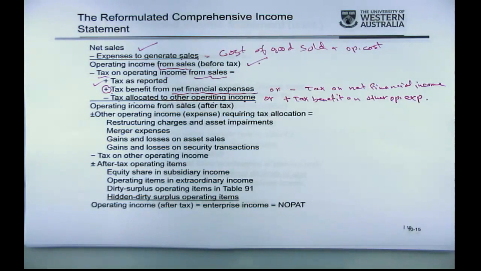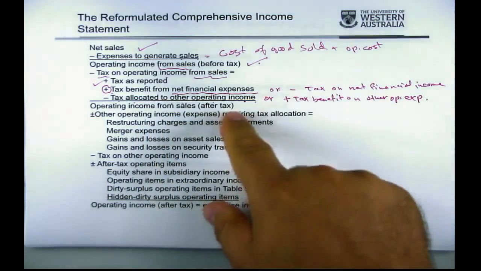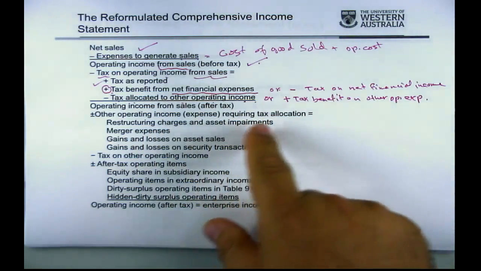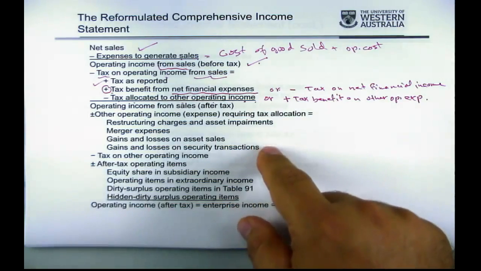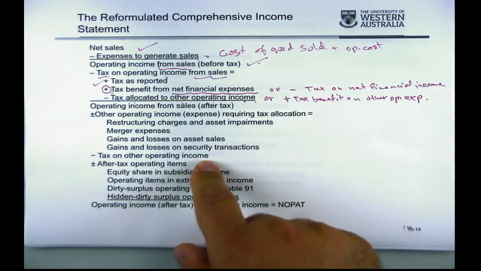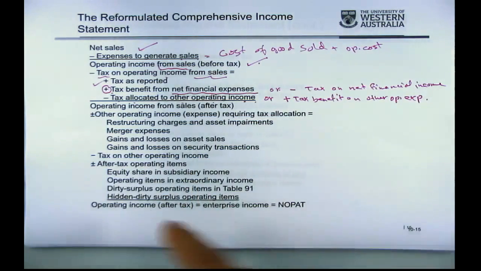Make sense? Once we have done that, we get the operating income from sales after tax. Then we calculate other operating income or expense. We calculate the sum and also we put the tax on this sum. And then we add other operating items.